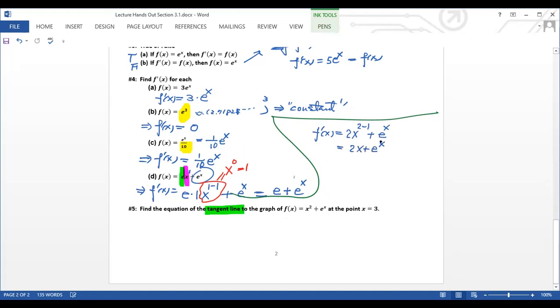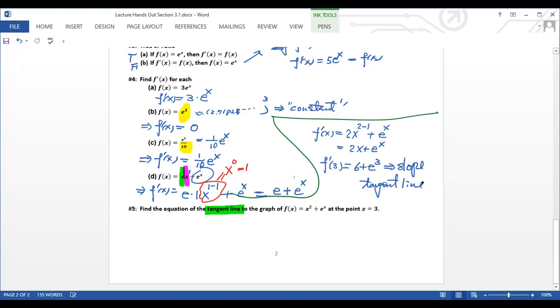Now we say x equals 3, so I plug the 3 in here. What we get is 6 plus e^3. Remember, this is the slope of the tangent line.